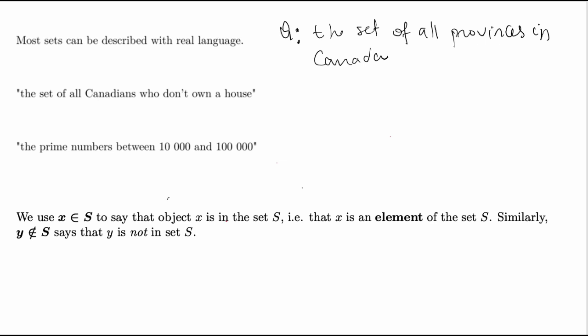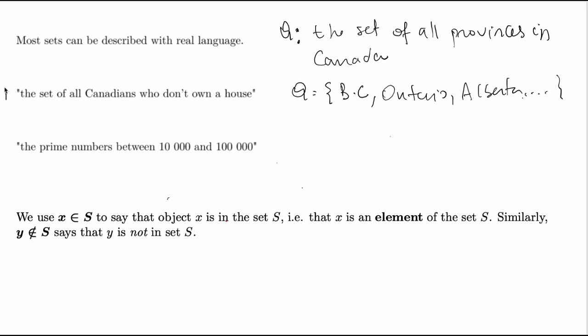All right, so I can describe this with natural language, but in this case, it's even easy to list it, right? Because we don't have that many provinces, so it would be British Columbia, Ontario, Alberta, and all the rest. I'm not going to list it all, okay?